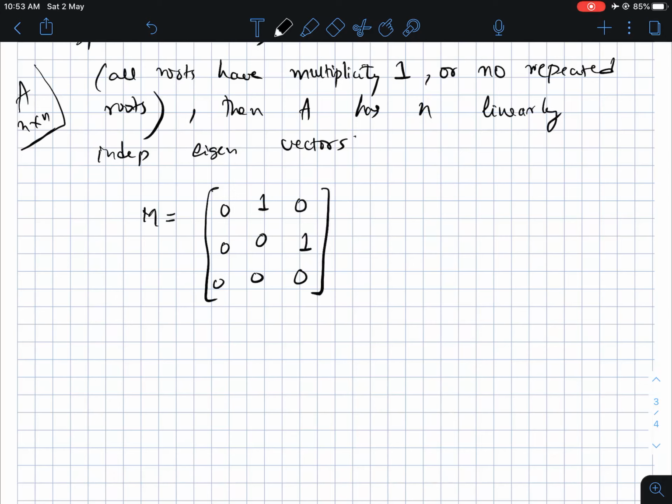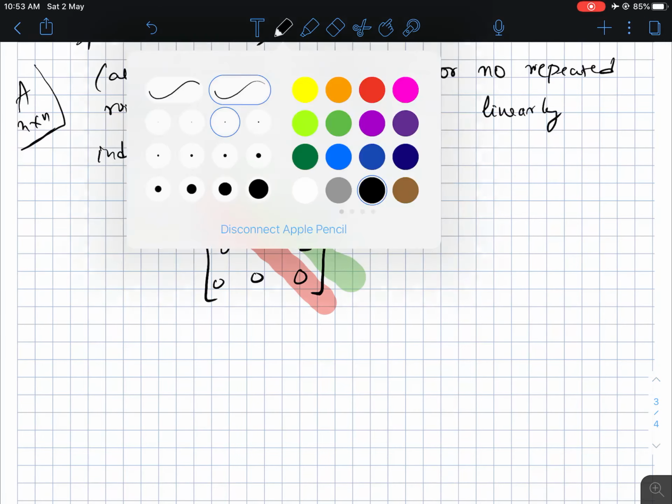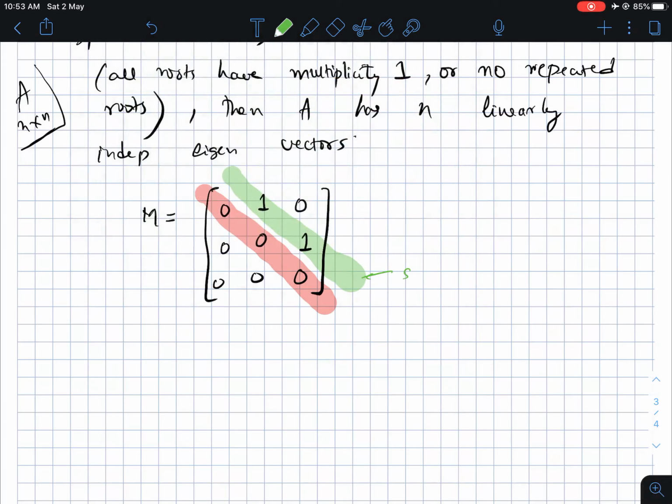So this here is the diagonal of the matrix, and the thing that comes above it is called the super diagonal. So this is a matrix that has ones on the super diagonal and 0 everywhere else.